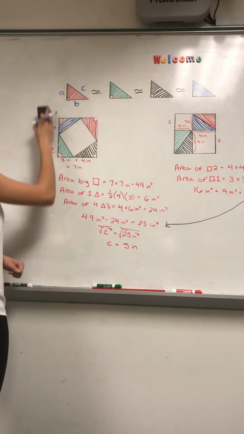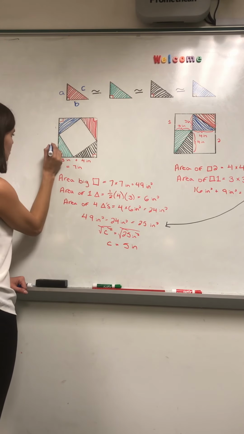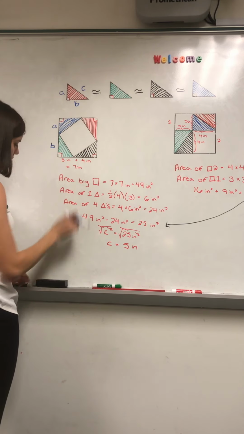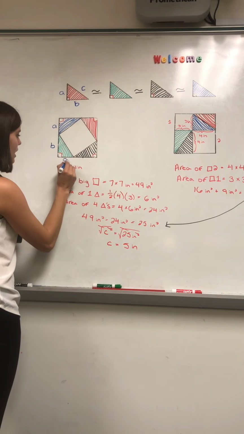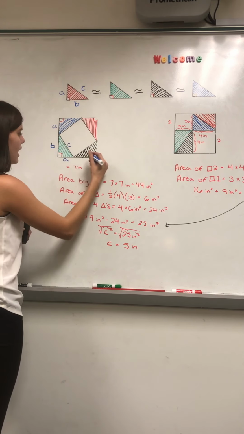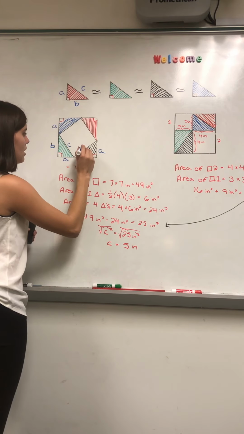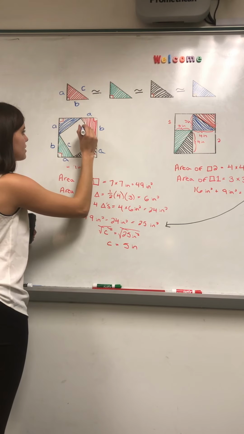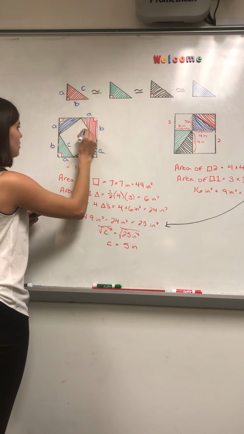So the long side we labeled B, and this is A, and if this side is B on this triangle, we know this to be A, and that would be C. And this will kind of repeat itself. And this will be C, B, A, and C.